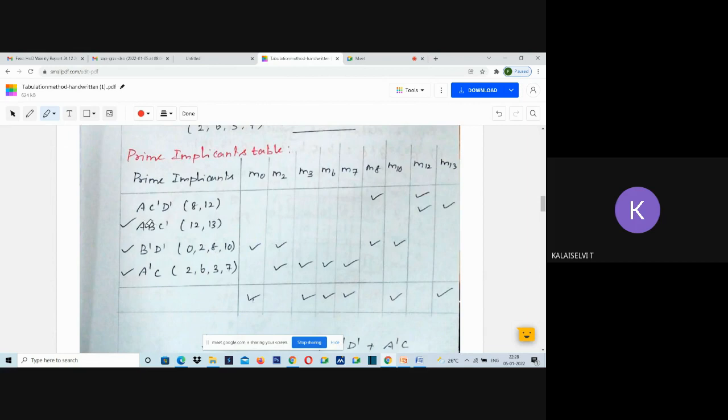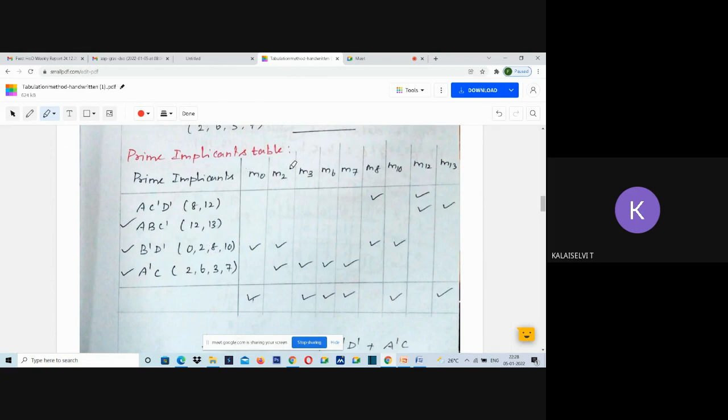And before writing that, we have to check with these three prime implicants in such a way that all the minterms are included in these three terms. Okay, so we have to check with this.